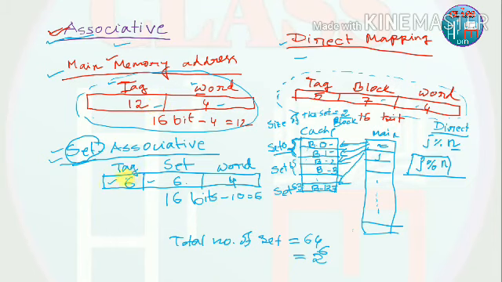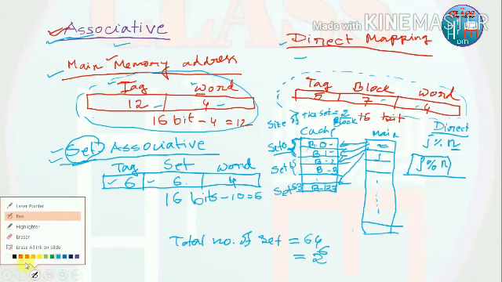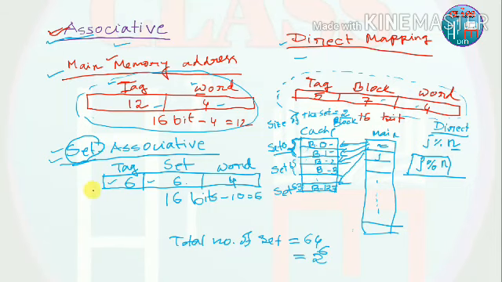And if it is set associative, then your word will be 4, your set will be 6, and your tag will be 6. Clear? So now if you are given a separate problem, using this particular concept you can easily find all these field values. Okay, is it clear?